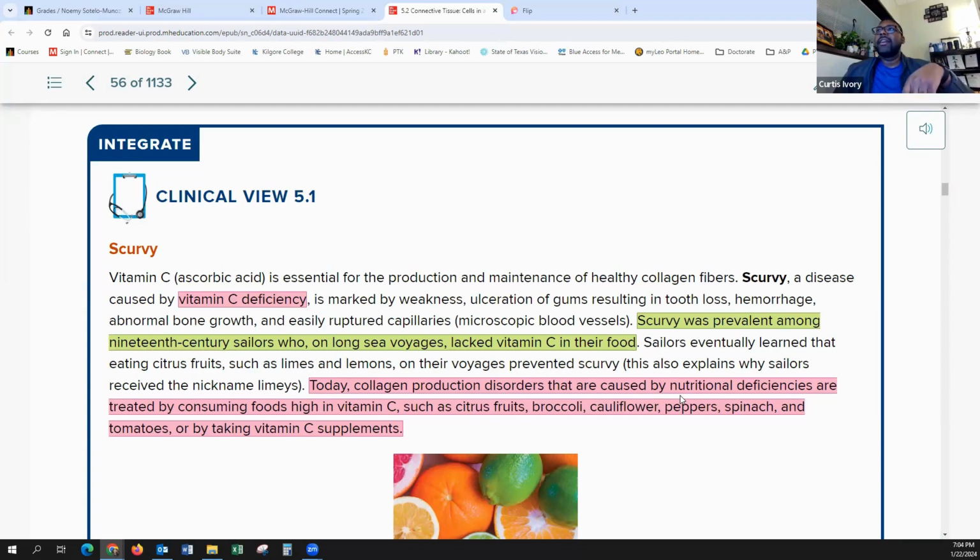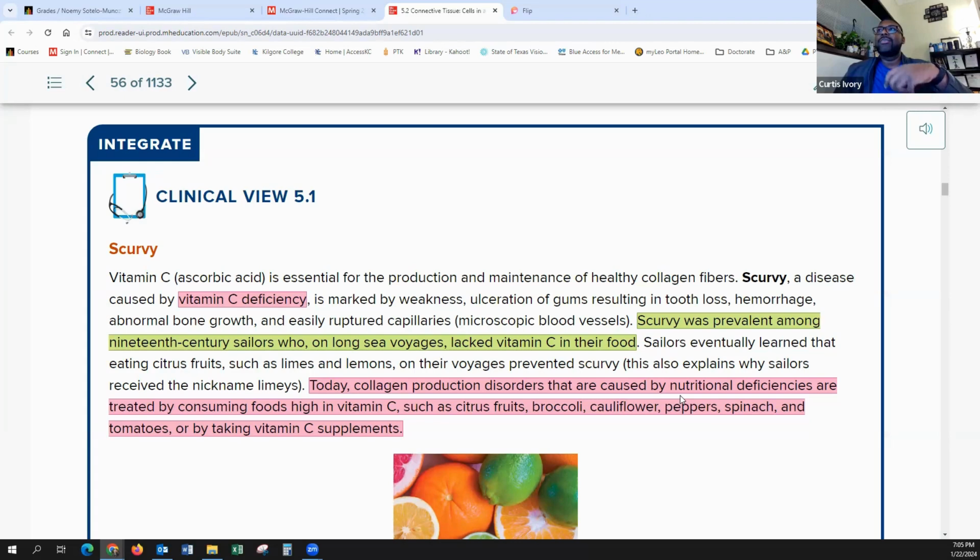So what they termed it was called scurvy, which is vitamin C deficiency. So I tell my students, make a C with your left hand, and I always say it like a pirate, like scurvy, because you make a C. That's how I can always remember vitamin C is scurvy.